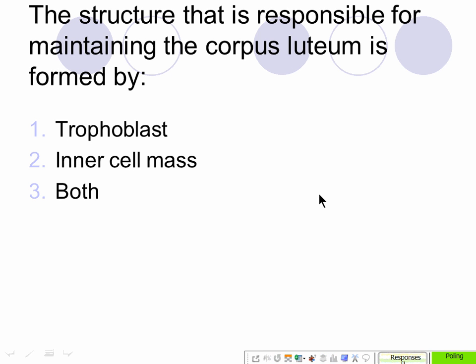Okay, let's review some of what we've done. What is the structure that is responsible for maintaining the corpus luteum? What is that structure formed by?